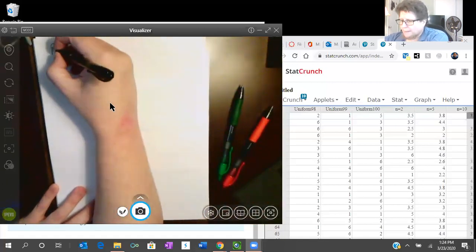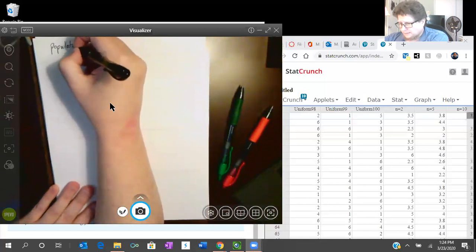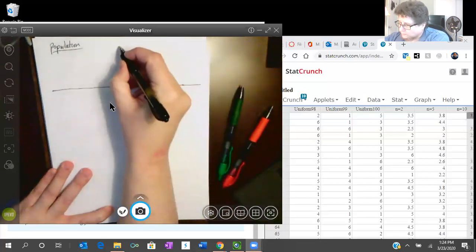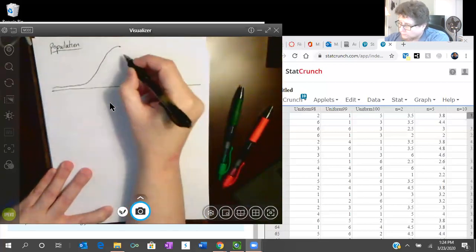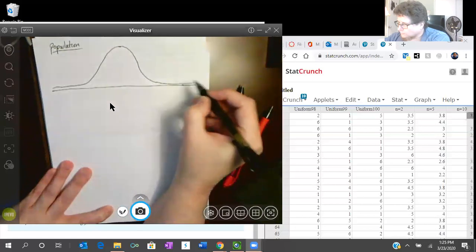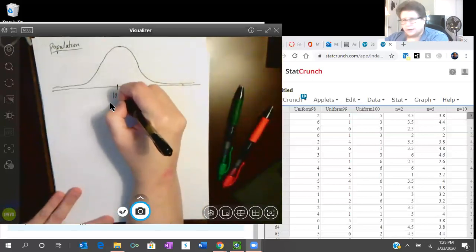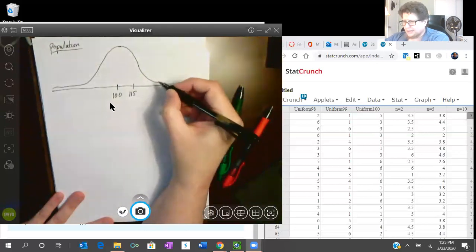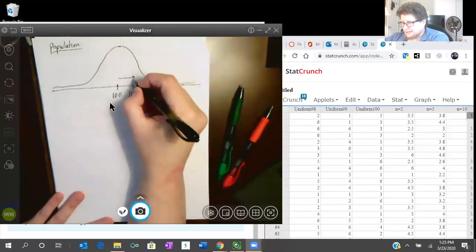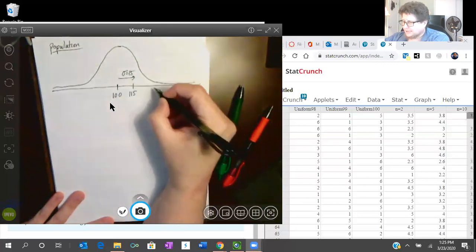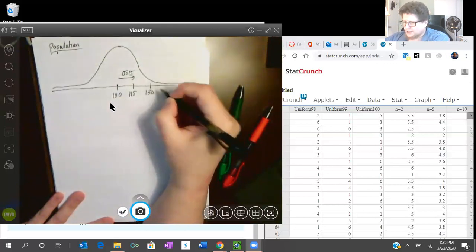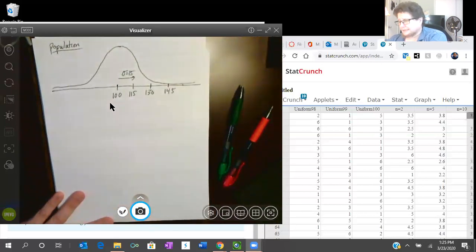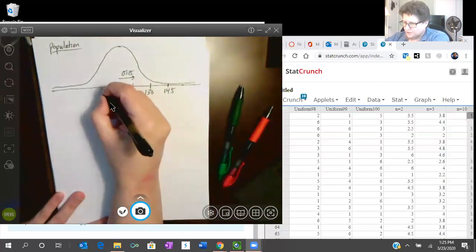So the overall population, we have 100 in the middle. When we go out one deviation, it's plus 15. Sigma equals 15. I go out another deviation, it's 130. Another deviation, it's 145. And I could go the other direction as well.